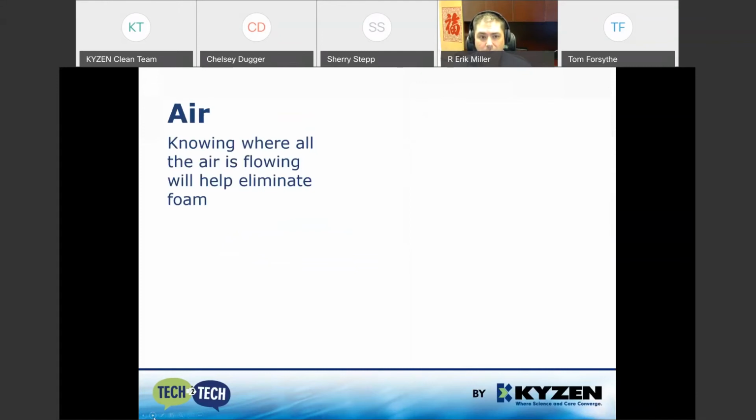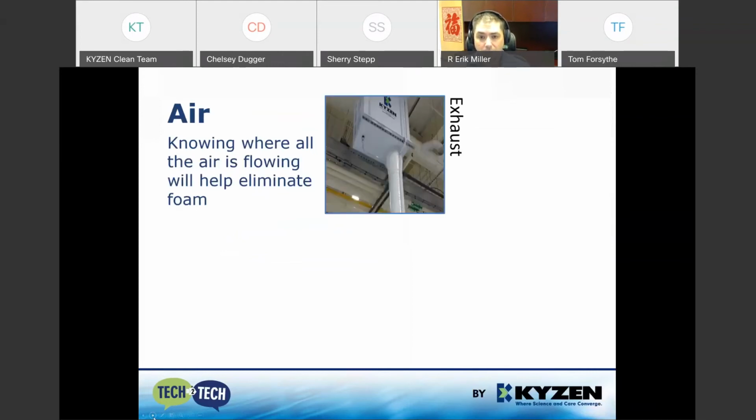Next, we need to look at the air. We need to understand the airflow and make sure that the airflow is proper so that we're eliminating and reducing foam. The exhaust is often a source of foam, and what's common is that the unloading section of a machine often has a much higher draw.